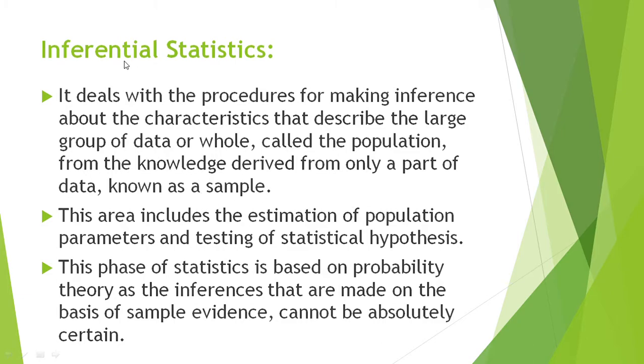So inferential statistics, as is clear from the name, is the process of making inference or decision about the large group of data, which is called the population, on the basis of the knowledge of only a part of the data, which is called a sample.